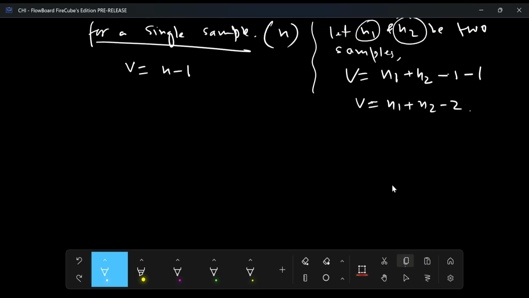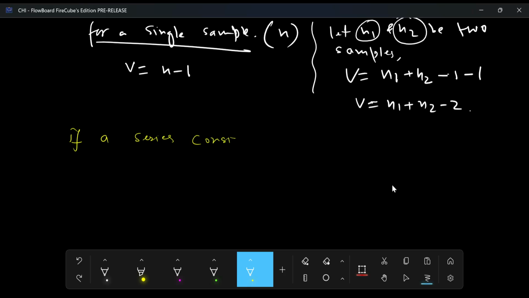In statistical inference, in some cases, if a series consists of k parameters, let's say beta 1, beta 2 up to beta k.